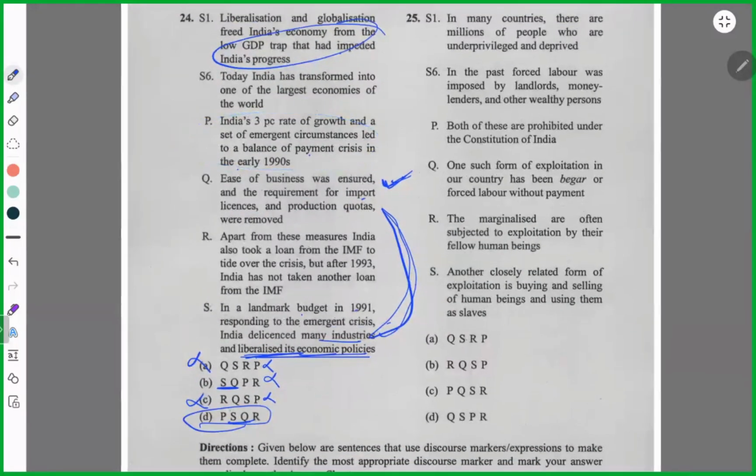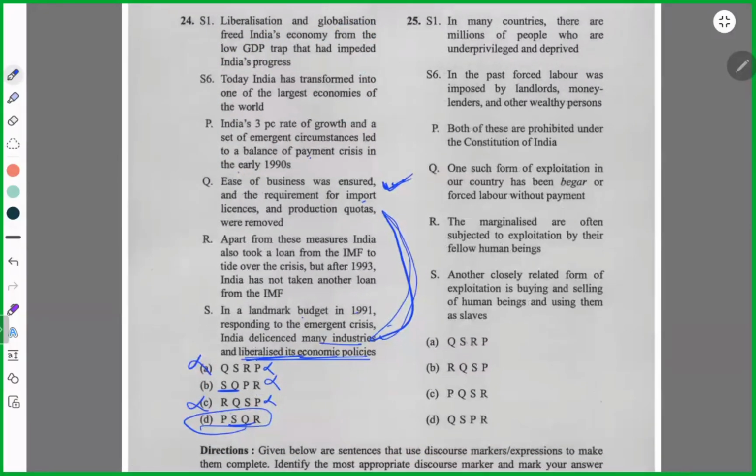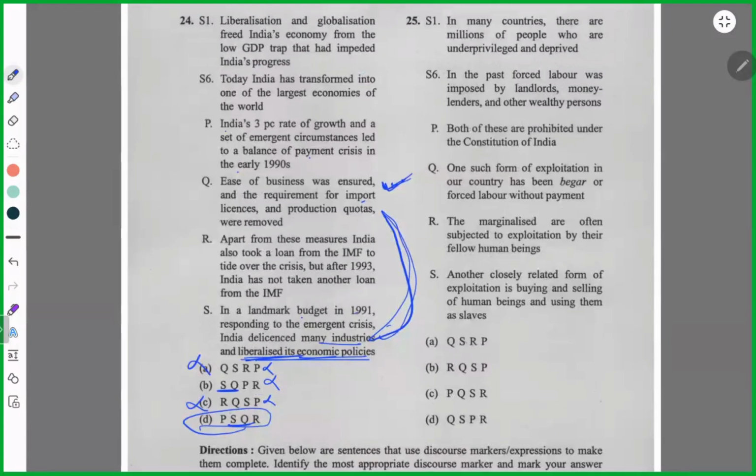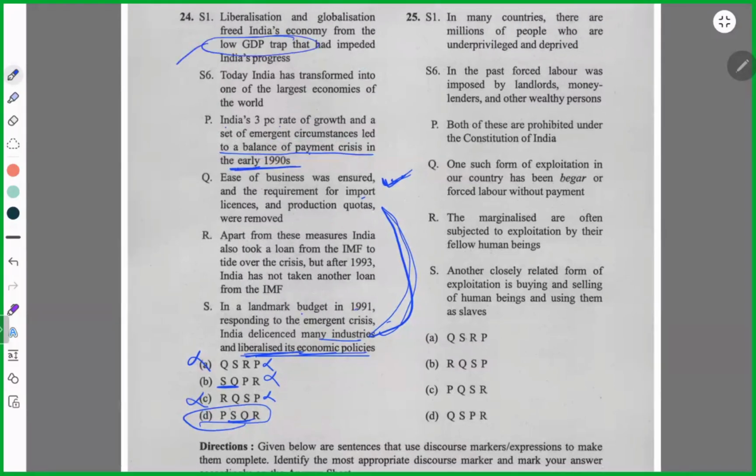Liberalization, globalization freed India's economy from the low GDP trap that had impeded India's progress. Okay. India's three-piece rate of growth and a set of emergent circumstances led to a balance of payment crisis in the early 90s. So again, why do we have the low GDP trap? The reason is here. P could be the start one. Okay.